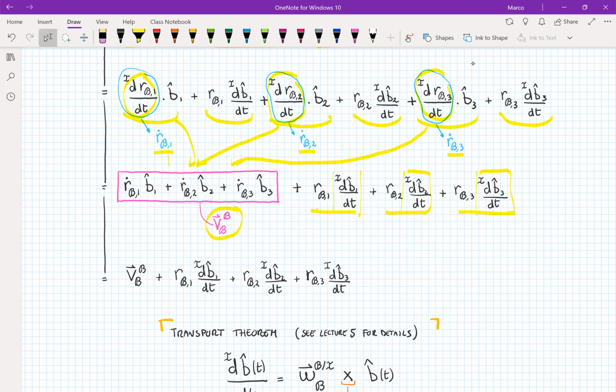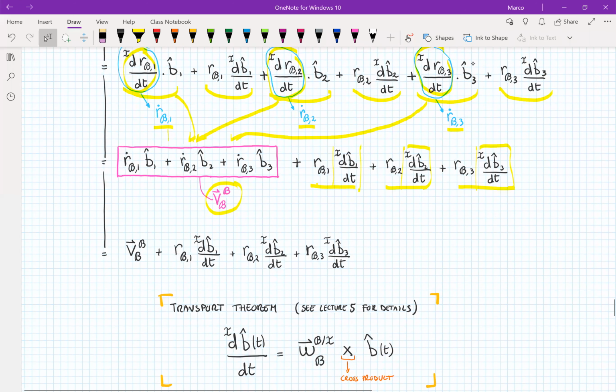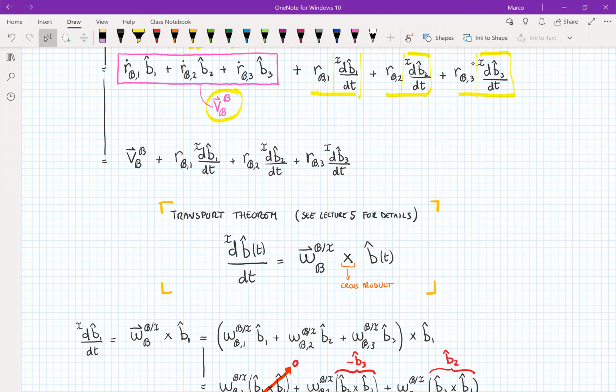So what is the value for these 3 derivatives? Well, we're going to see next time a little bit more in detail why that is. I'll just give you the conclusion now.